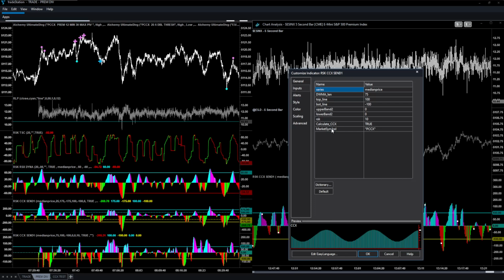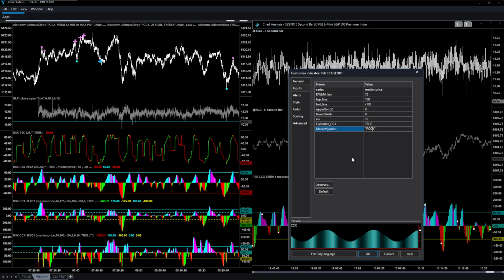This symbol, PCCX, is the symbol that the ultimate divergence indicator reads. It reads the data coming from this into the plotting mechanism of the ultimate divergence indicator. So we send the data to a different indicator that receives it and uses it as the basis for the divergence. Let me explain that a bit further.